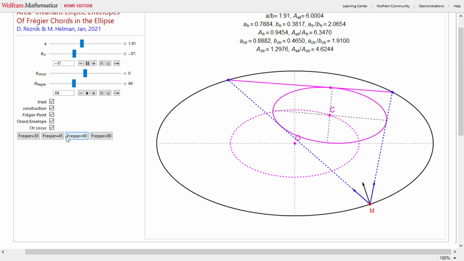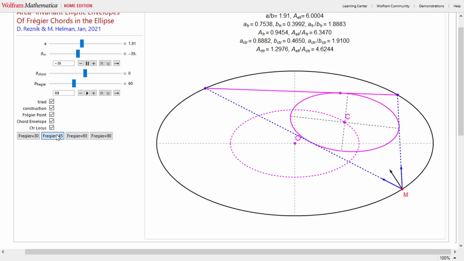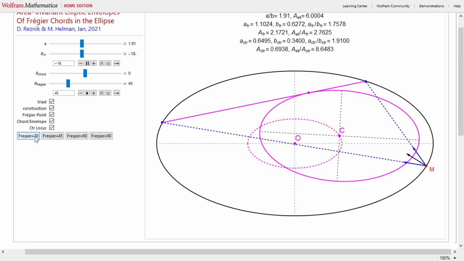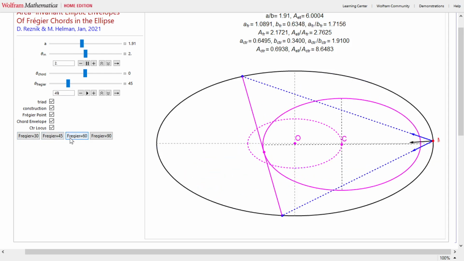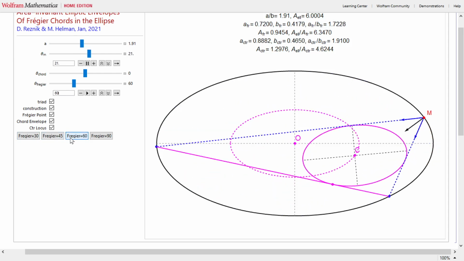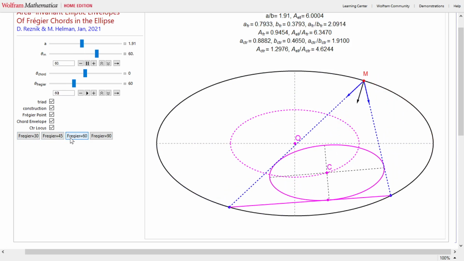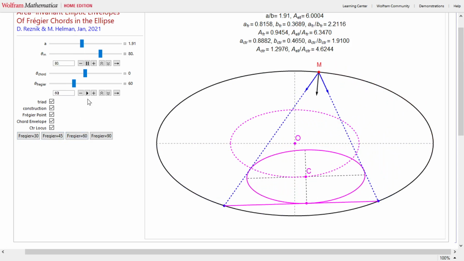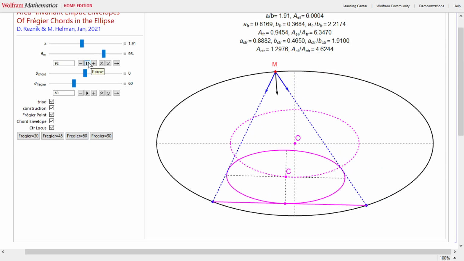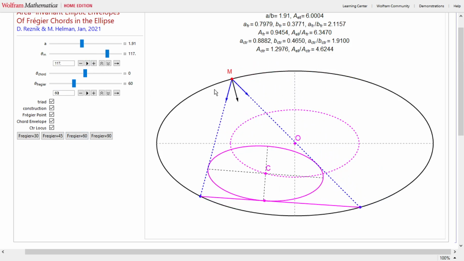Now, just as I was doing this video, I noticed something cool here. Look at what's happening to the 60-degree case. Notice how this ellipse is now inscribed into the triangle that consists of the two rays and the chord.